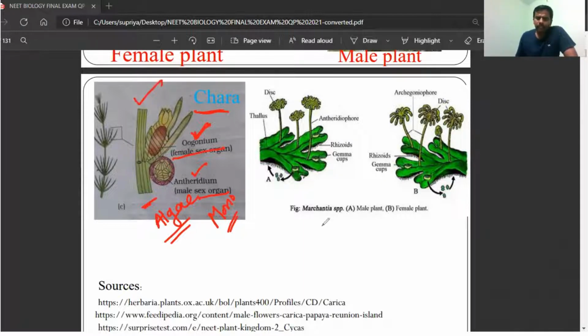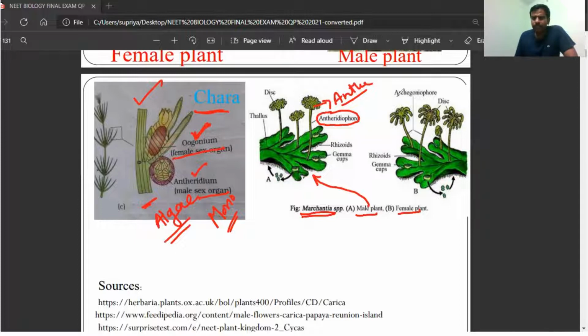And again, Marchantia belongs to the bryophytes. These are actually gametophytes. In bryophyta, the dominant body is the gametophyte. Here there are two different types of gametophytes, a male gametophyte and a female gametophyte. The male plant bears only the male reproductive structures, the antheridia.